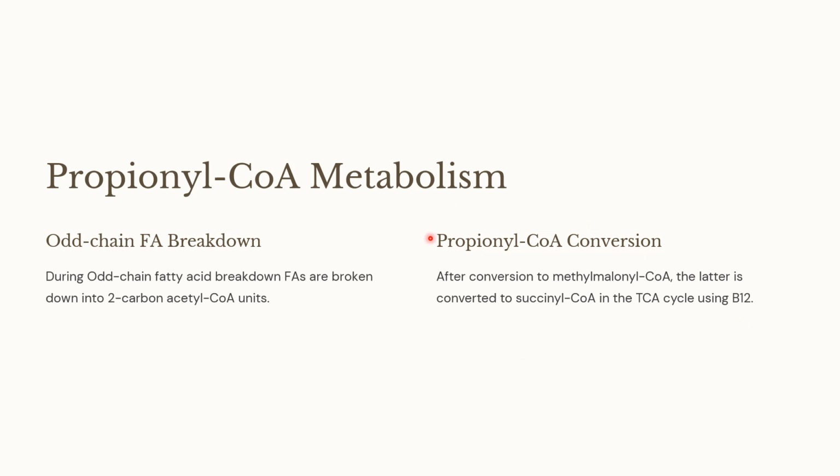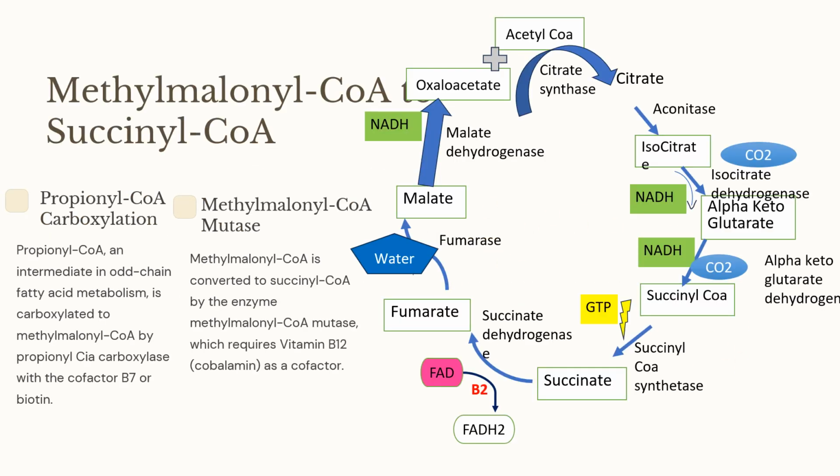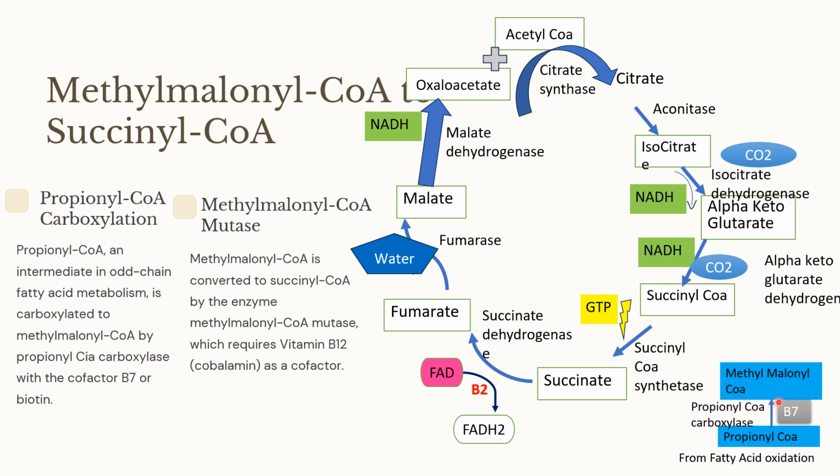I will help you understand this with the help of a diagram. So see, propionyl CoA is an intermediate in the odd chain fatty acid metabolism. From odd chain fatty acid oxidation, we will have propionyl CoA. With the help of propionyl CoA carboxylase and biotin, that is B7, as a cofactor, we will generate methyl malonyl CoA.